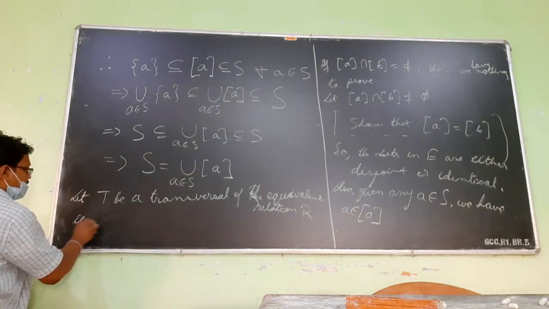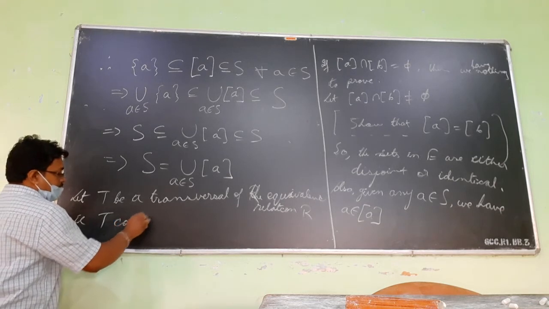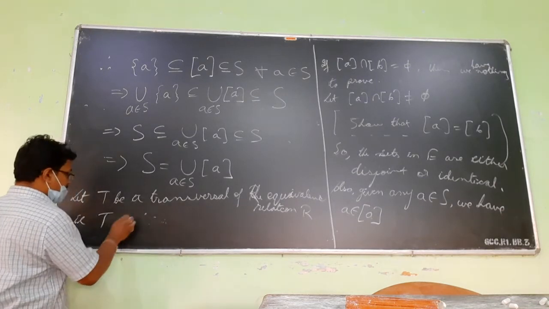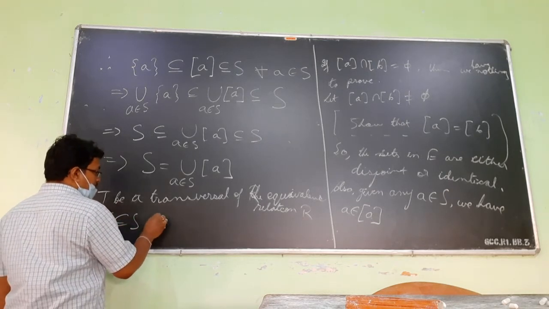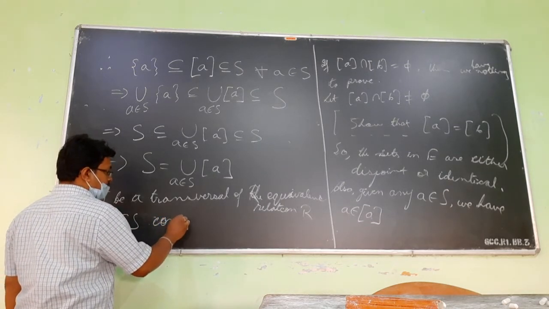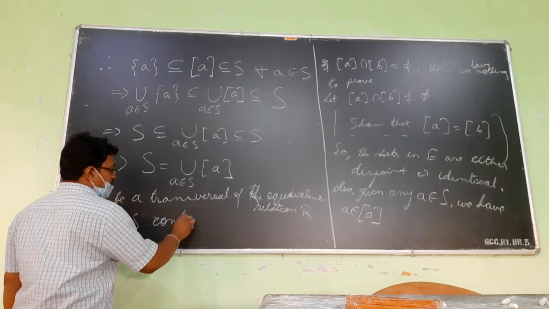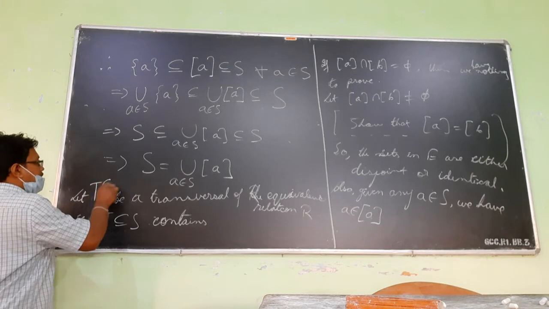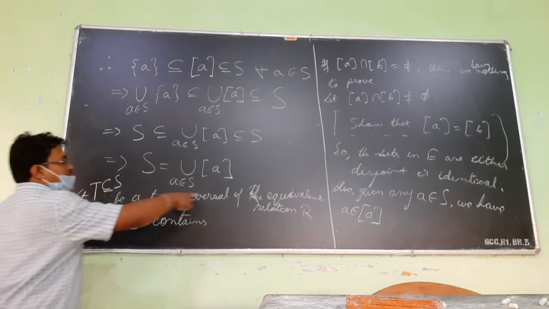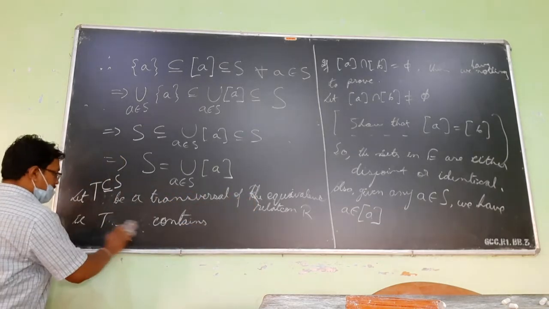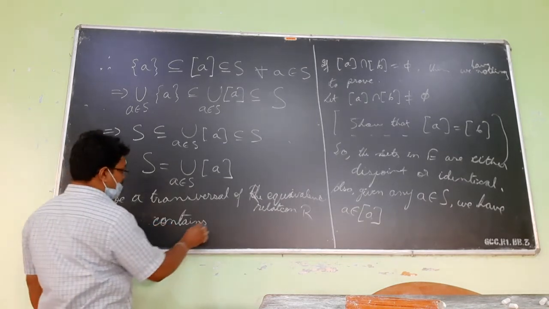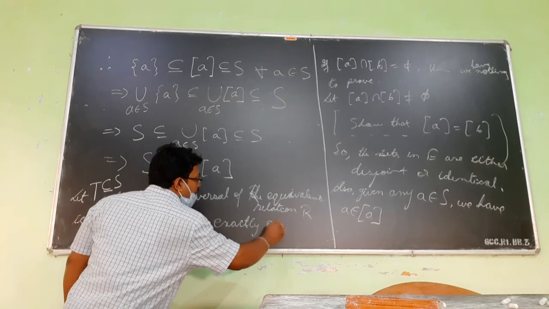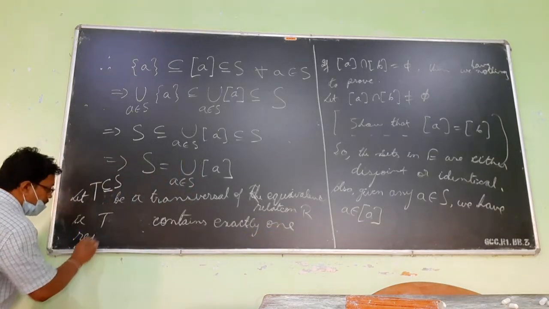That is, what is a transversal? Let T subset of S be a transversal of the equivalence relation R. That is, T contains exactly one representative from each equivalence class.